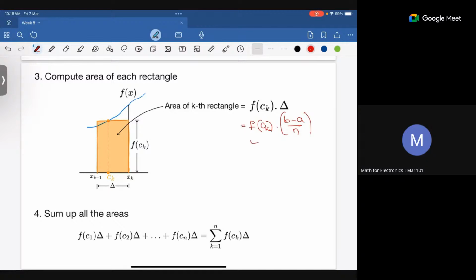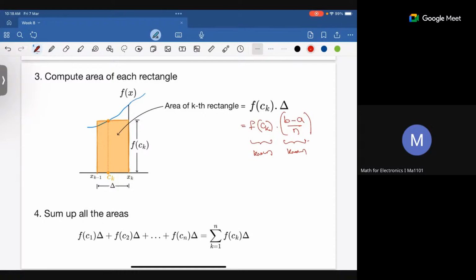So this is known. And once you decide how many subintervals you are doing, then n is also known to us. Similarly, b and a are also known to us. So everything is known. Therefore, you can compute this area.